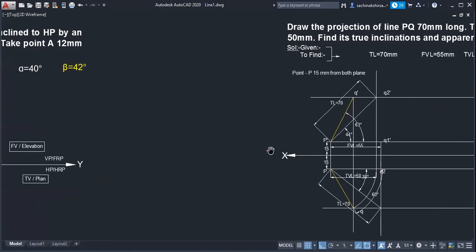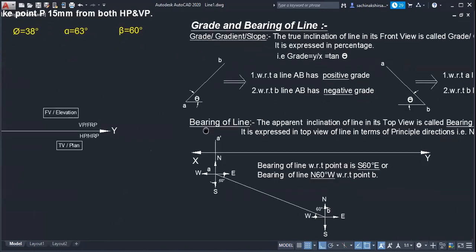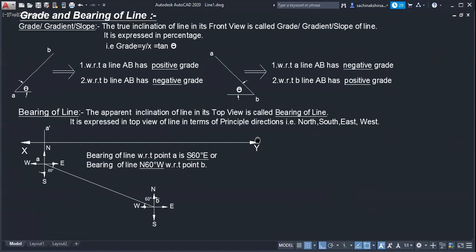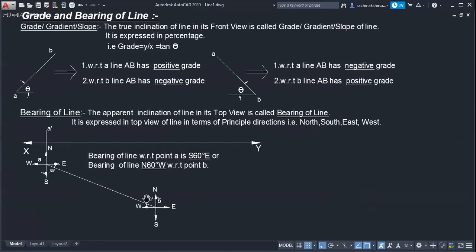But while giving the bearing of line, while mentioning something like bearing of line with respect to A, south 60 degree east means vertical. While mentioning the bearing, it is always given with vertical.